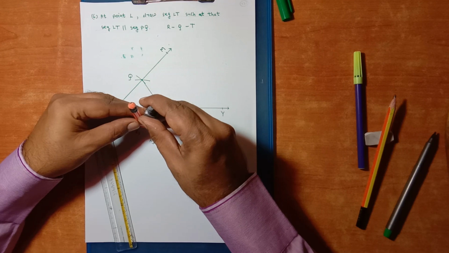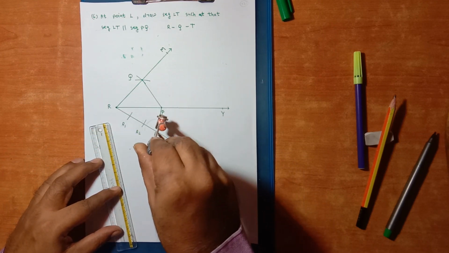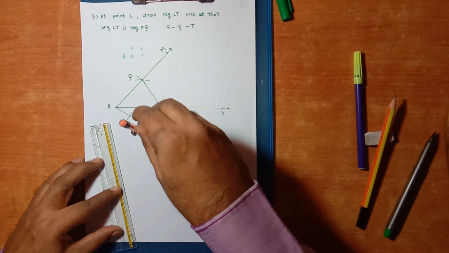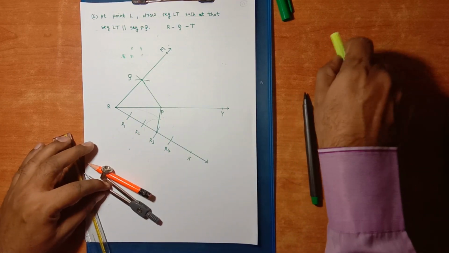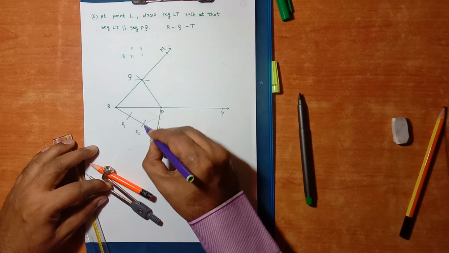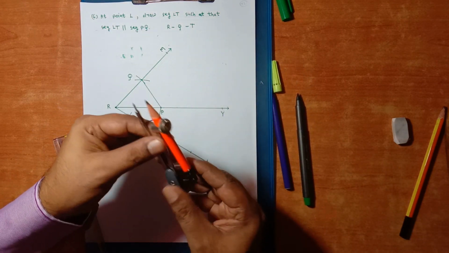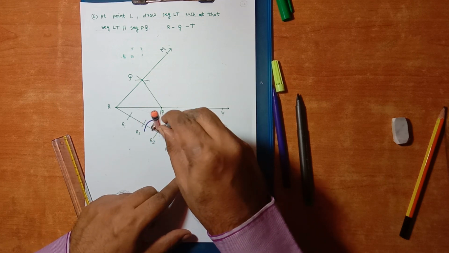See, previously we have drawn congruent angles. So keeping steel point on R3, I have drawn an arc. Without changing the distance, I will keep steel point on R4 and similarly draw an arc.